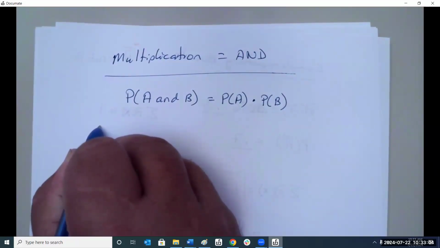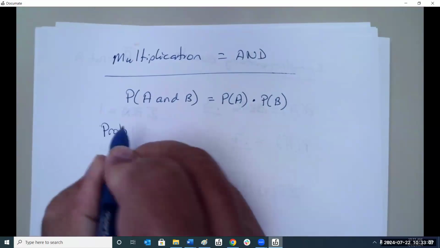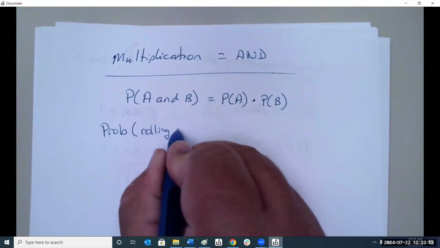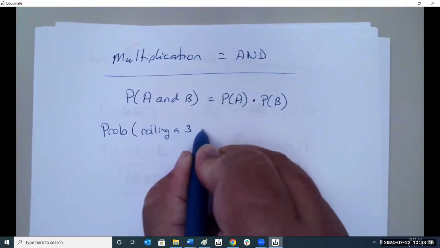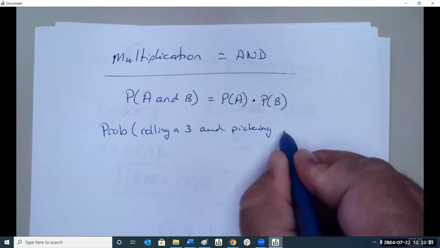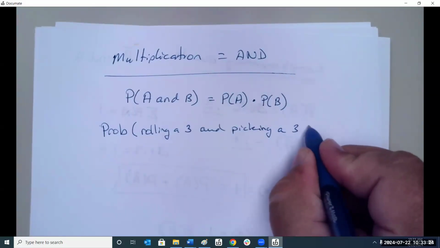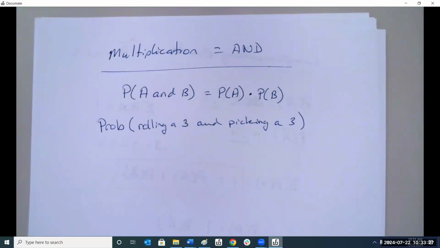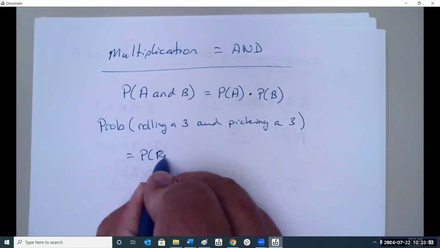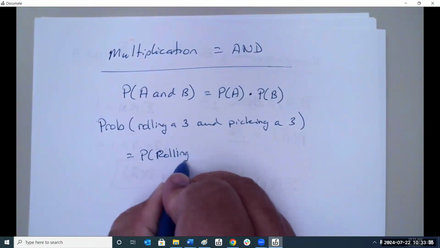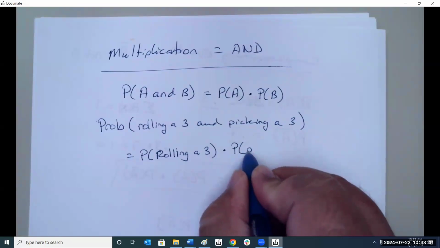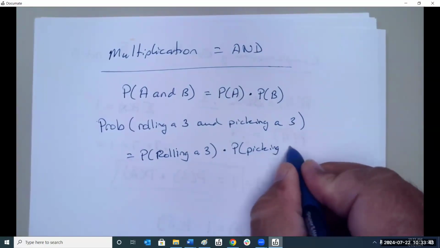So, for example, the probability of rolling a 3 and picking a 3 from a deck of cards. So the probability of rolling a 3 times the probability of picking a 3.